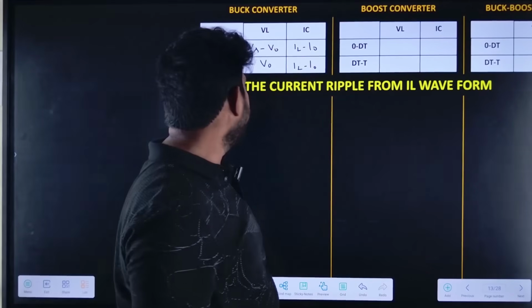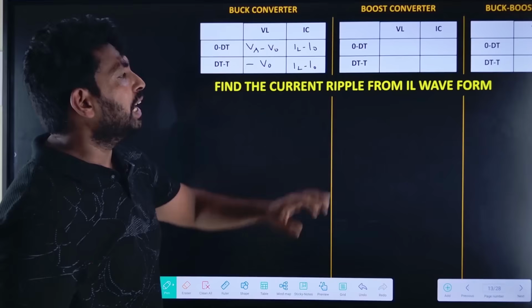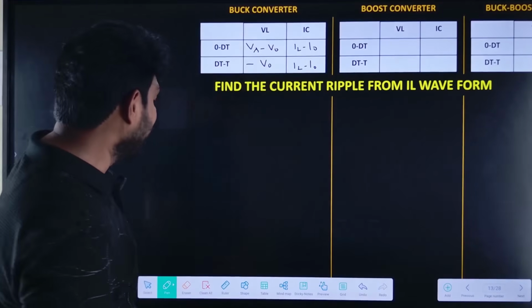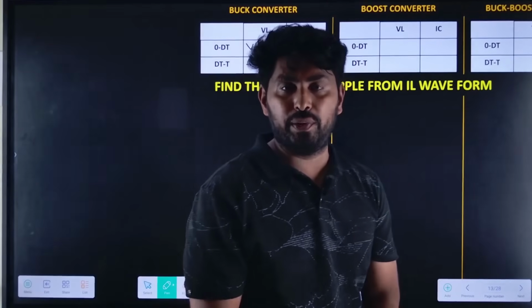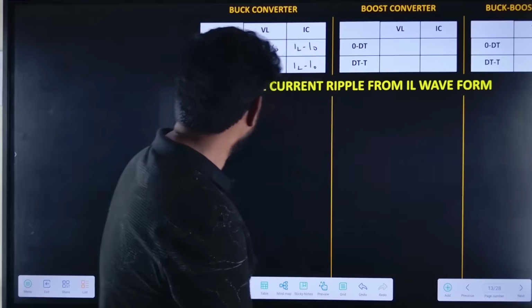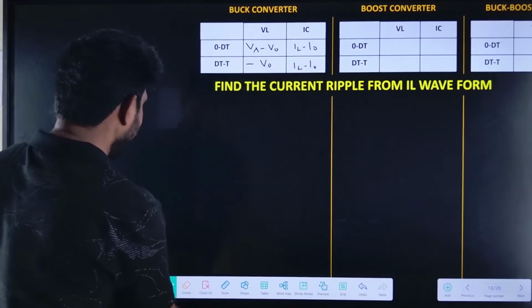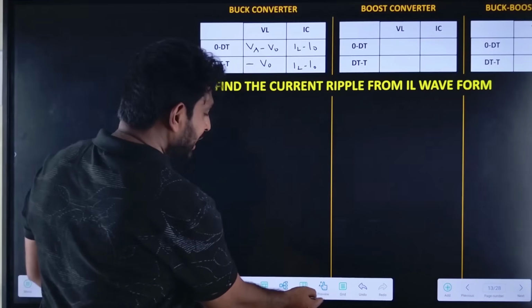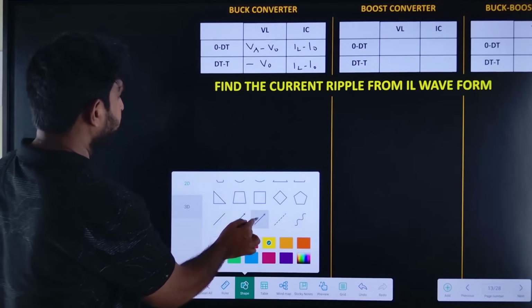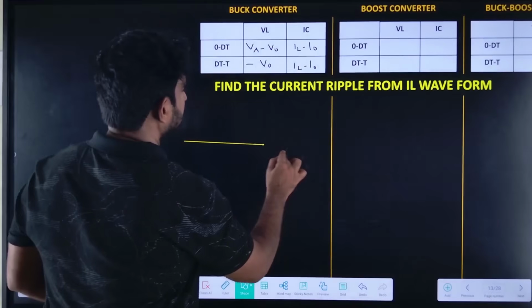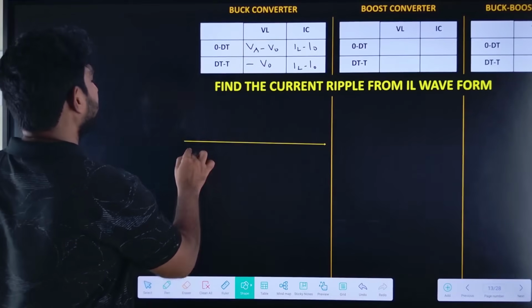So now let us find how to get the current ripple from the IL waveform. For that we need to draw the IL waveform, so that you can understand easily.